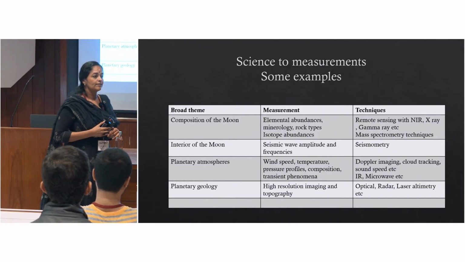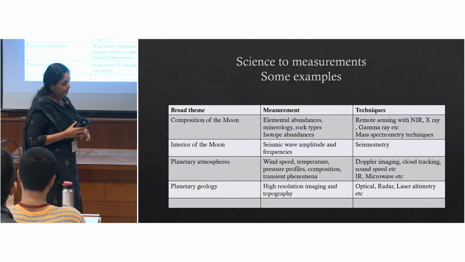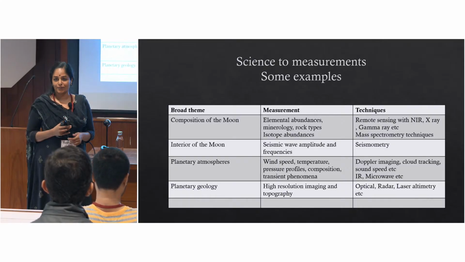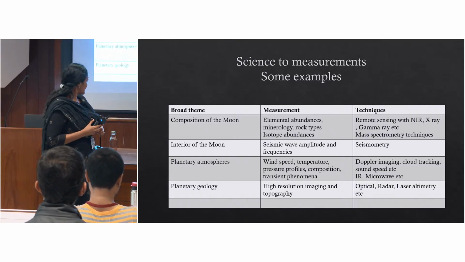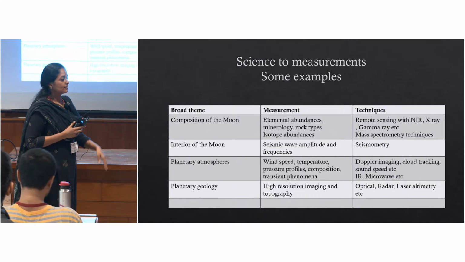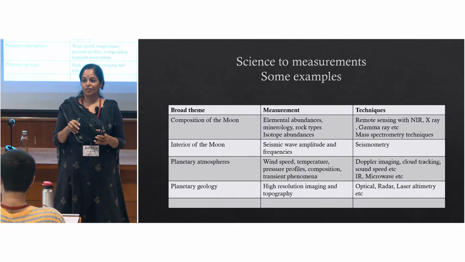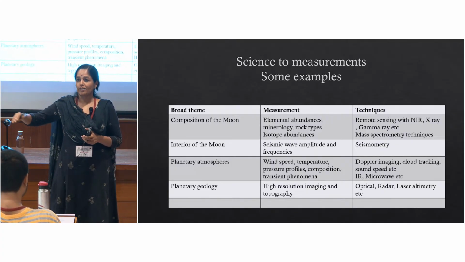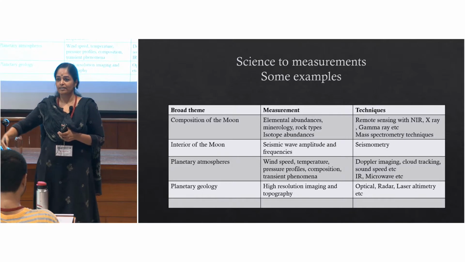Planetary geology is a very important tool based on images, and images do tell you a lot of things. High resolution imaging and topography. Topography means it's a 3D image. It's not just how it looks, you also can see the ups and downs and really see how deep it is or how big it is.